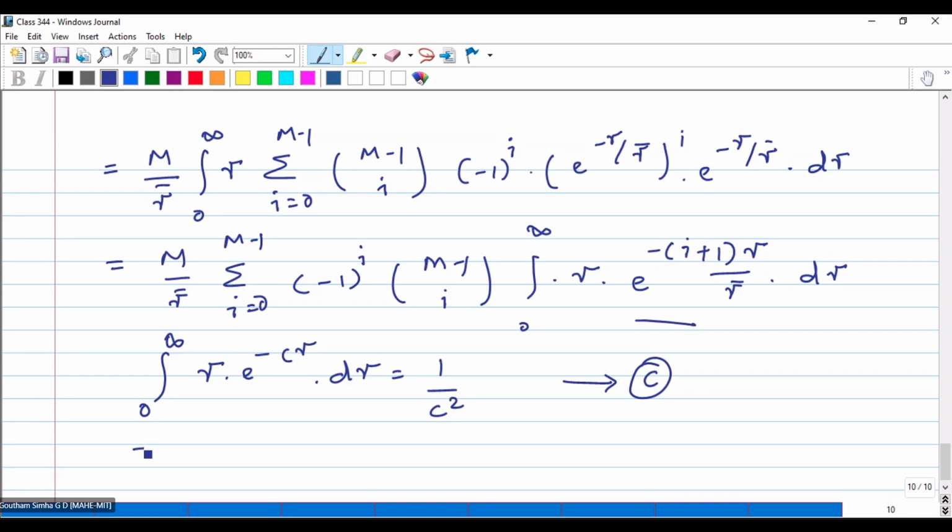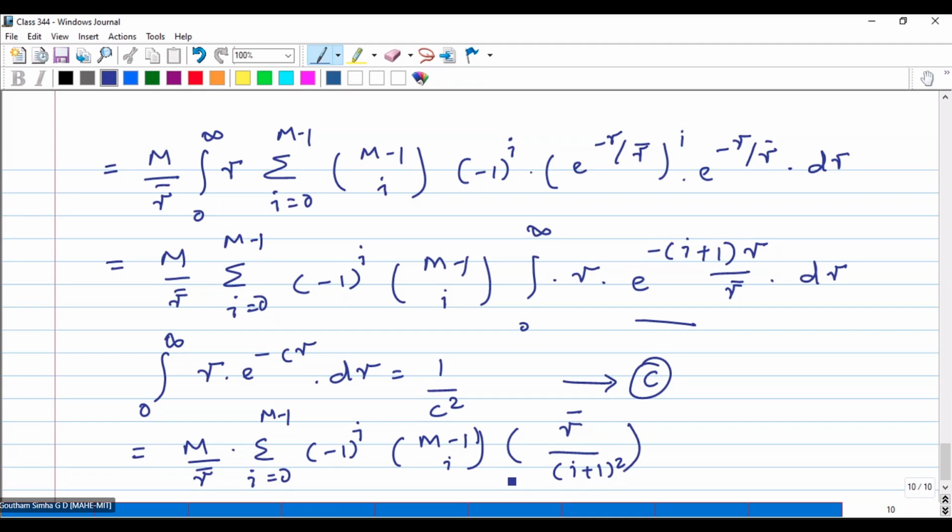And what happens is this is equal to m by gamma bar into summation i equal to 0 to m minus 1, minus 1 to the power of i, m minus 1 choose i, into gamma bar divided by (i plus 1) whole square. Isn't it so? Now this gamma bar and this gamma bar get cancelled.